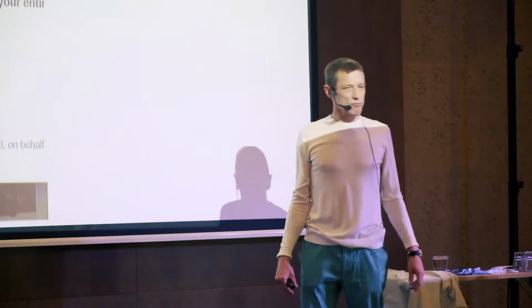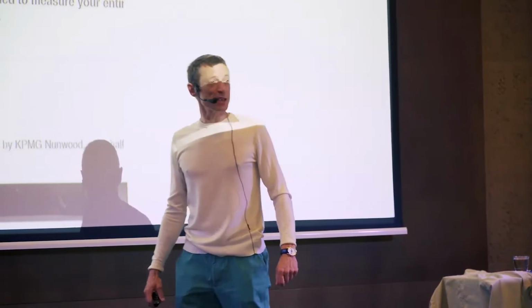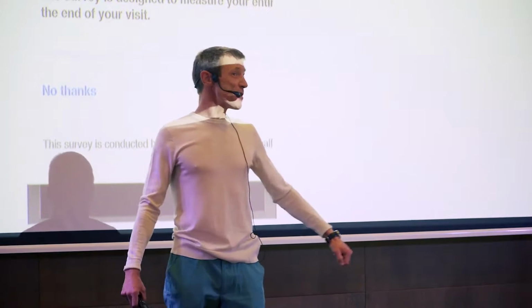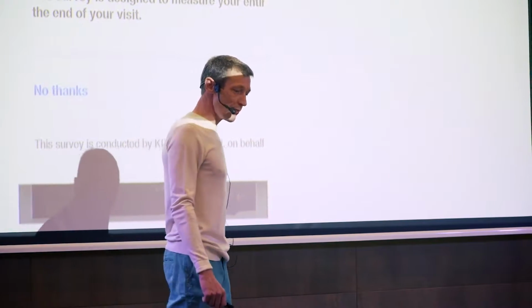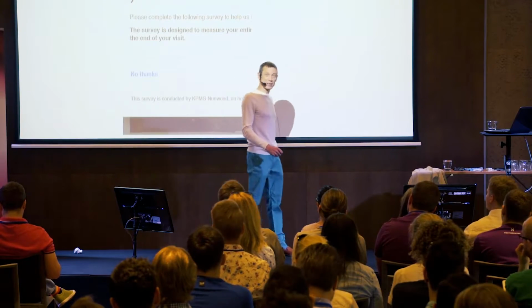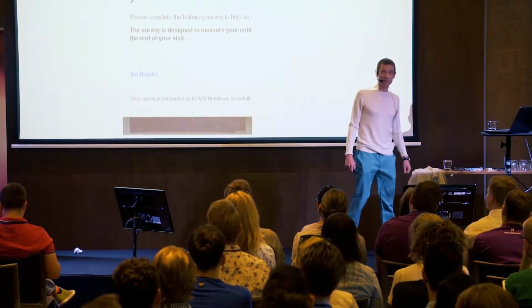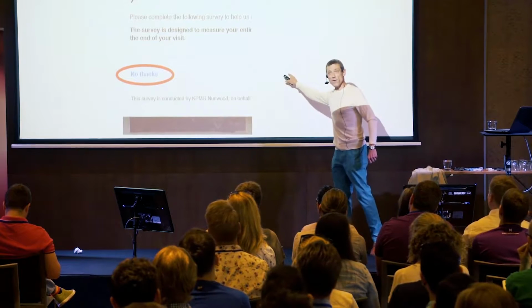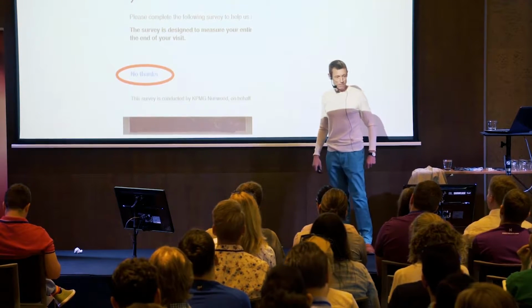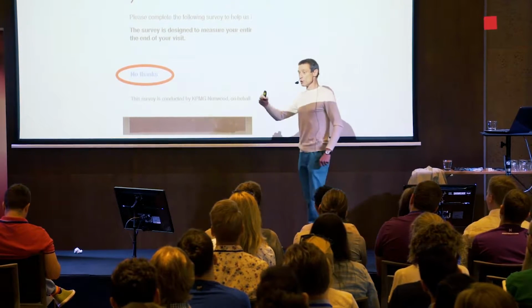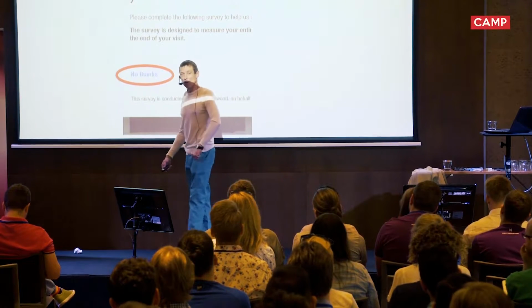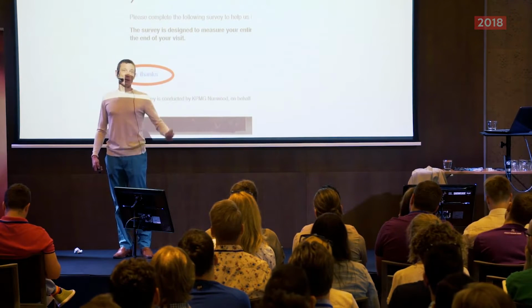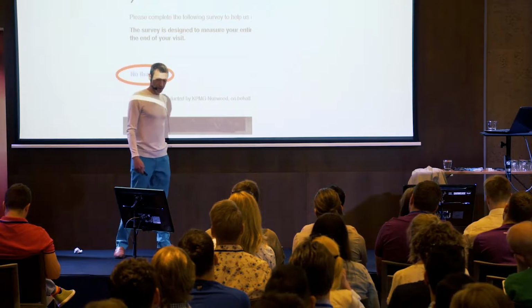And in my brain, I imagined it was saying, we'd like to take your feedback up the ass. Because I would have loved to click on the button saying, yes, please, for that one. But all I get is a button that says, no, thanks. Because it's off the screen again. So they can't even use their expensive survey tool to let me tell them that their website is shit.